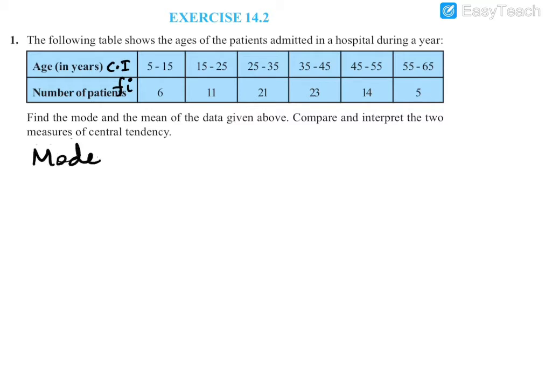Let's first find the mode of this data. First, we have to identify the modal class. Modal class is the class interval that has the highest frequency. Clearly, the highest frequency is 23 and corresponding to it, the class interval is 35 to 45. So the modal class is 35 to 45.